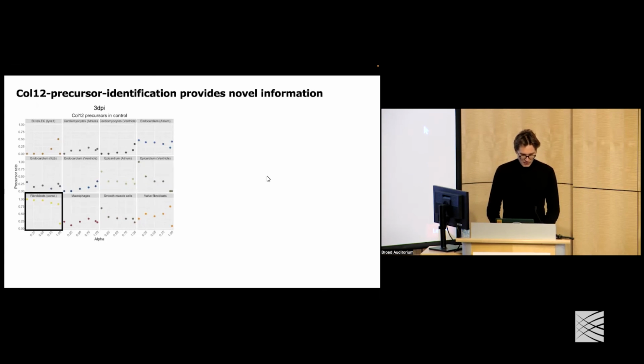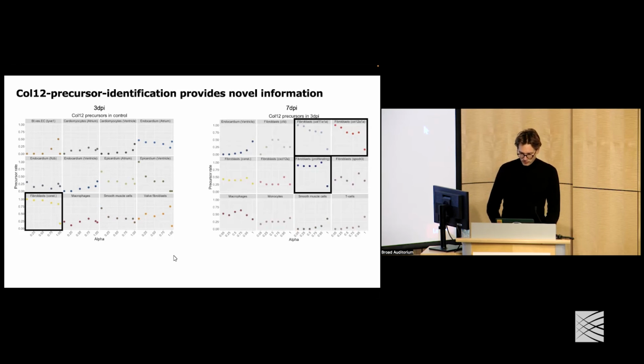Next, we tried to recover some of the predictions from the original paper. Using this test that I have just introduced, we were able to see that moscot-lineage predicts the ancestors of the collagen 12 cells at 3 dpi to be constituent fibroblasts. That's also something that they saw in the original publication based on the correlation test. Now with moscot-lineage, we could go a little bit further and also ask for the precursor cells of collagen 12 cells at 7 dpi.